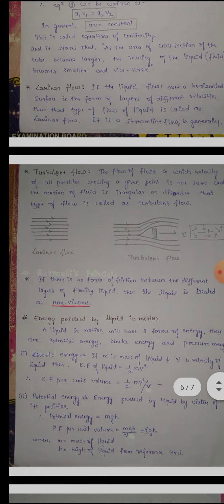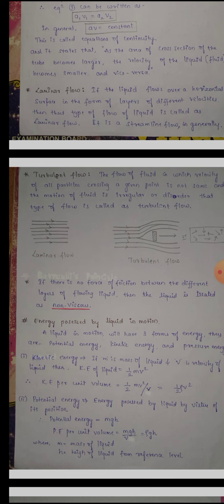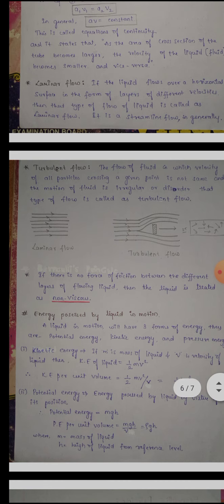And turbulent flow means the flow of a fluid in which the velocity of all the particles crossing a given point is not the same. Means if we consider a single point of a fluid, all the particles crossing that point do not have the same velocity.